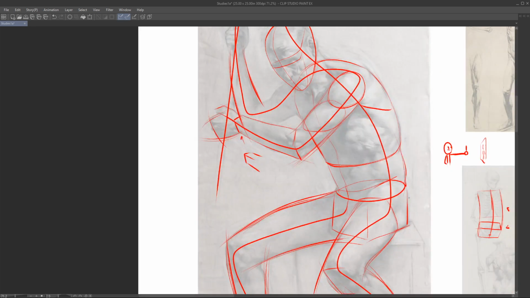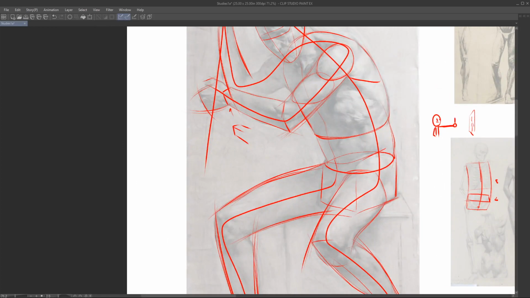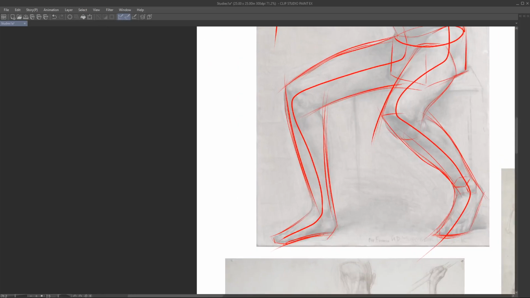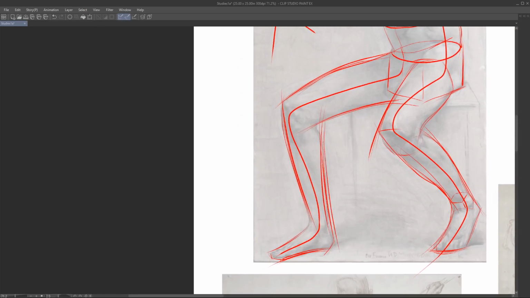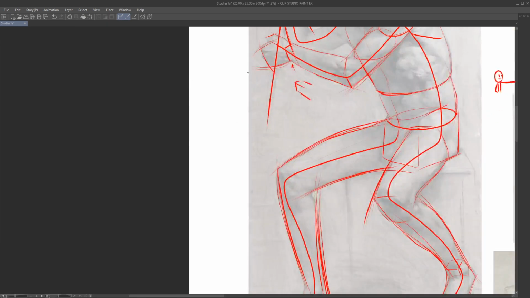And by combining the two, it means you curve some of your forms in 3D space. Look at this.